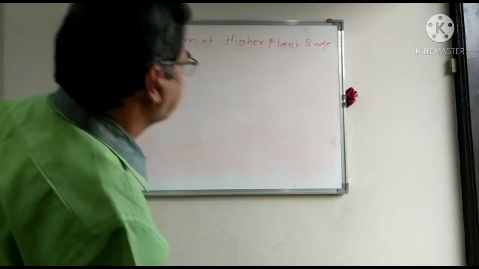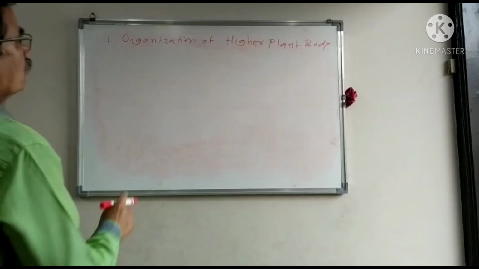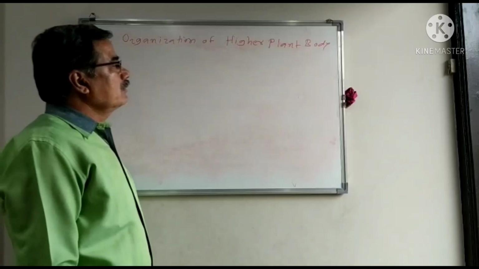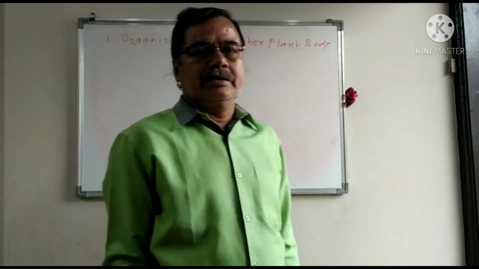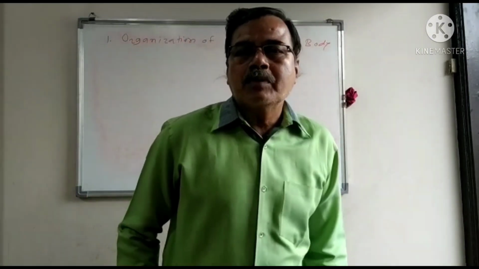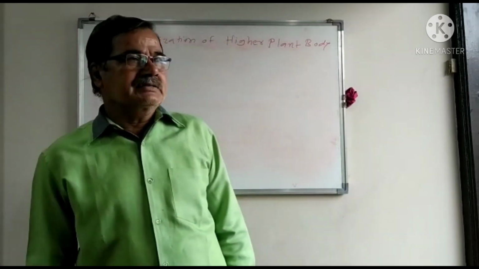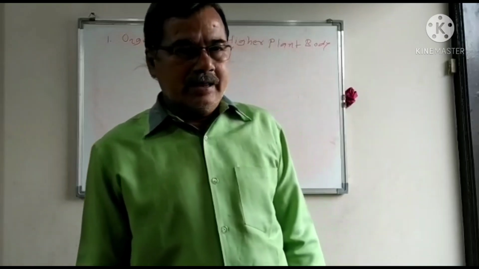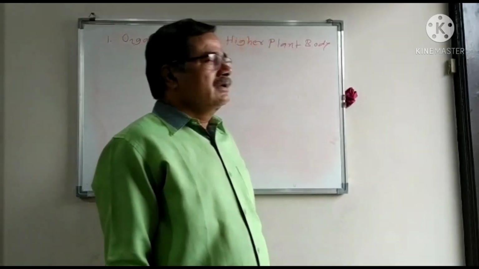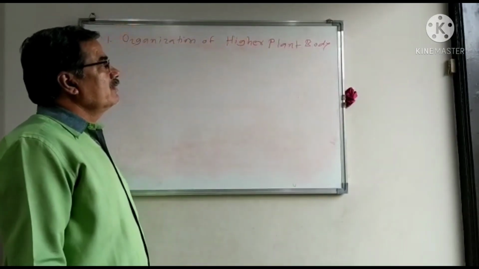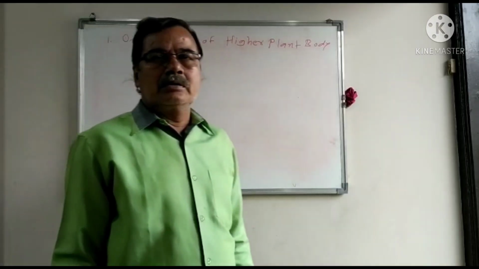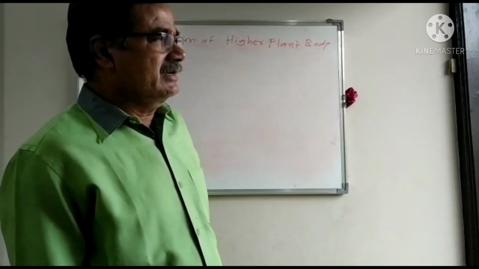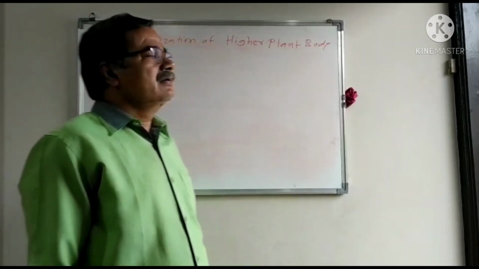In this topic, we are going to see how the plant body is developed from the zygote of the seed, anatomy generally of these higher plants. The unicellular embryo develops into cells, how they are developed.